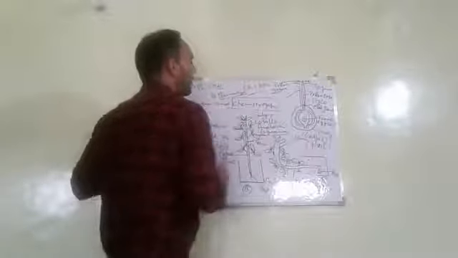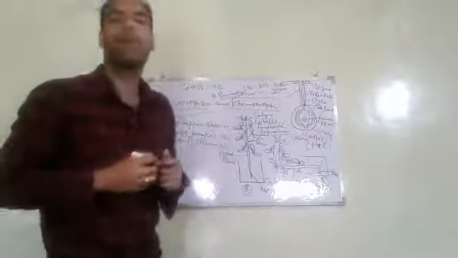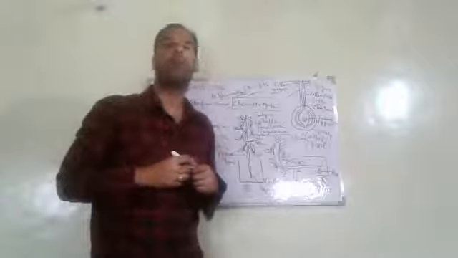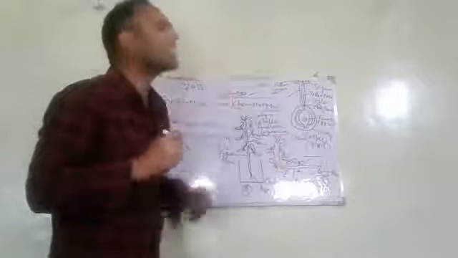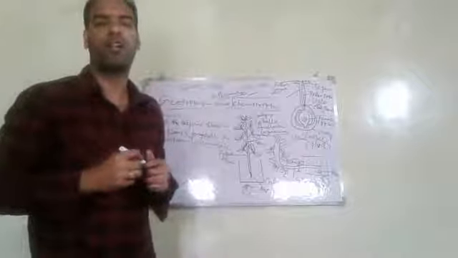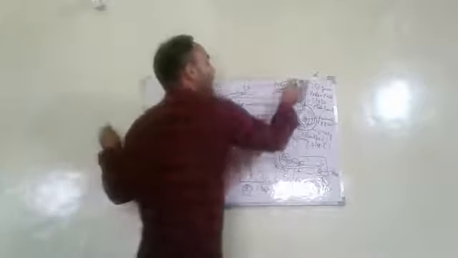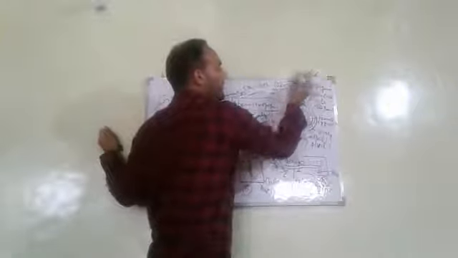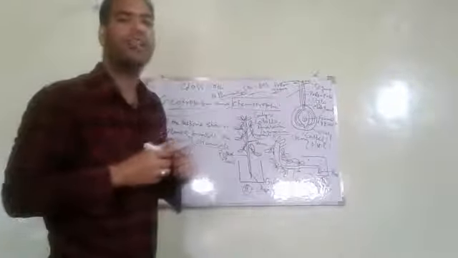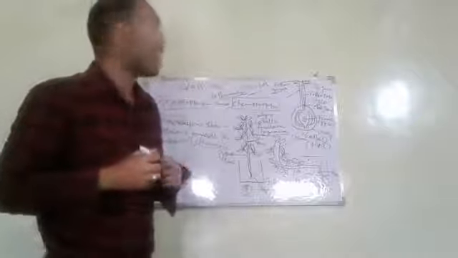When pollen grains are transferred from anther of a flower to the stigma of a flower, it is known as pollination. After pollination takes place, these pollen grains fall on this stigma, which is sticky in nature, and get adhered to it.